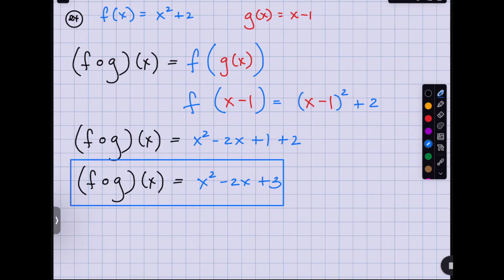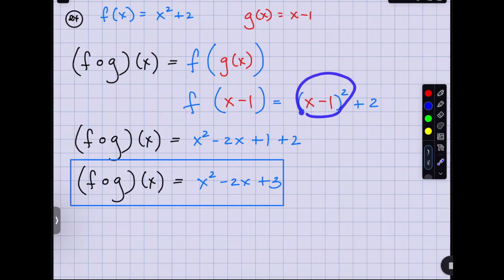Are we okay there? Yes? So you pulled x squared minus 2x plus 1 plus 2 from upstairs, from doing this right here.